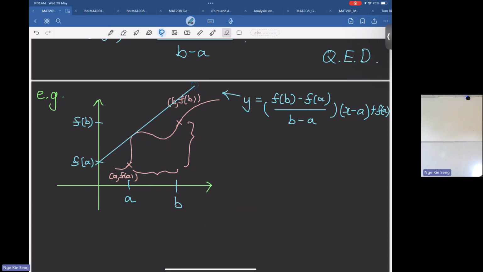And you can see that at this point, there should be a tangent line that has the same gradient, (f(b) minus f(a)) over (b minus a). Maybe this is one of the c here. So this is one of the c.